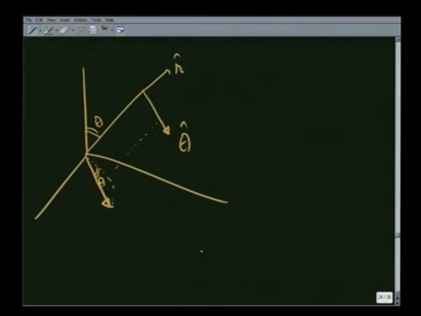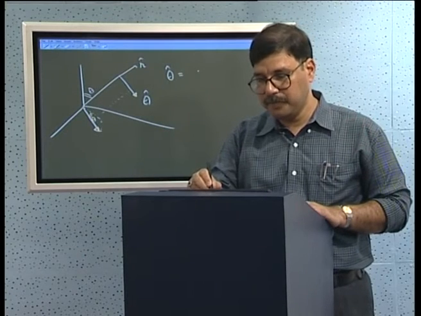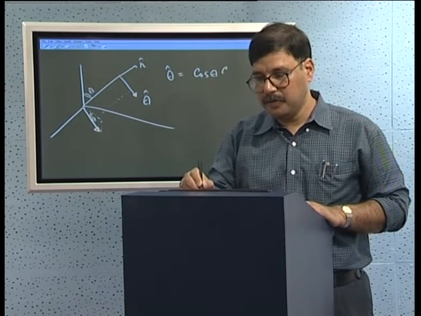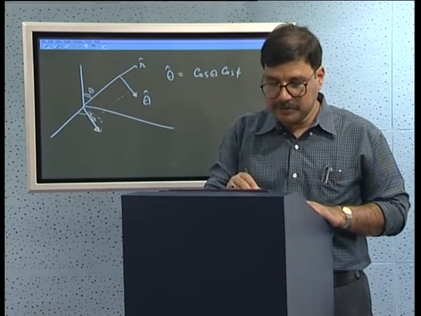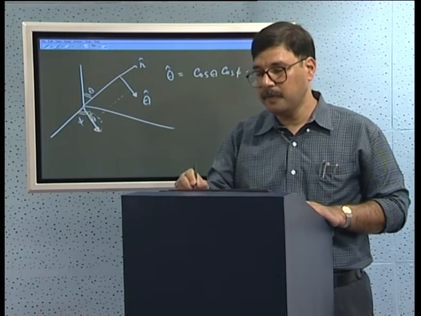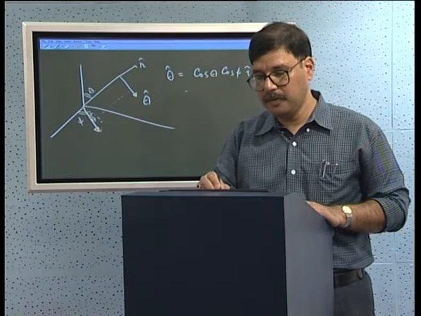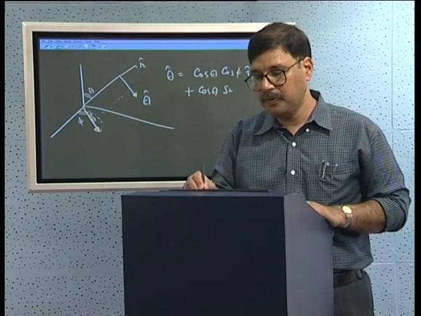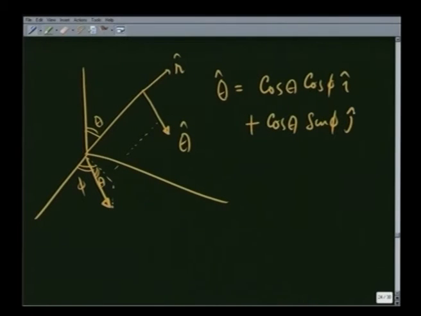And therefore, you can see the components of theta in x and y direction are going to be cosine of theta cosine of phi i, because this angle is phi, plus cosine of theta sine of phi j, and its z component is in the opposite direction. So, minus sine of theta k.